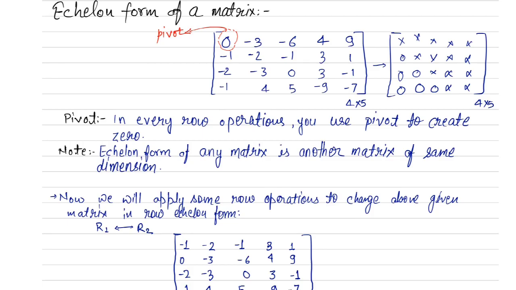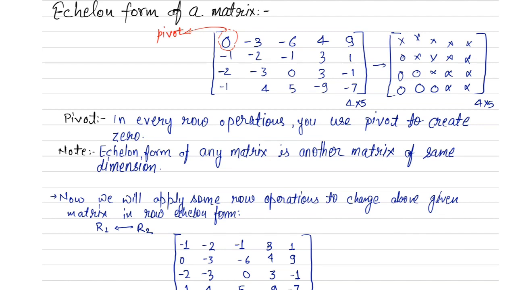Now we will discuss the echelon form of a matrix. What is the echelon form of a matrix? Before discussing that, let's discuss a point called the pivot. In every row operation, you will use a pivot to create 0.